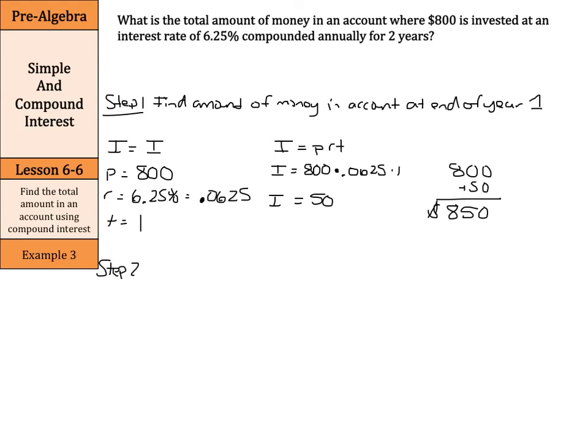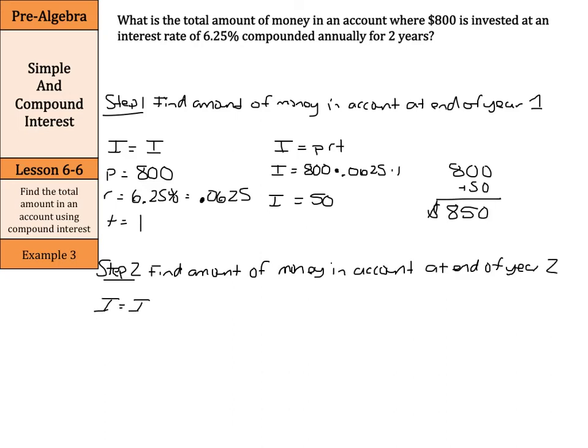Step 2 is going to be to find the amount of money in the account at the end of year 2. And I'll still have my new interest, but that's still going to be I. My principal now is not $800.